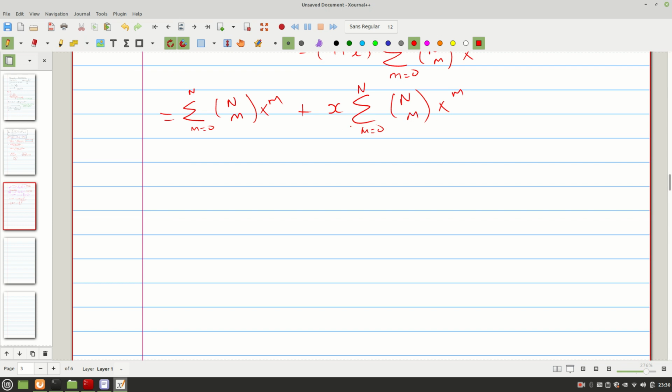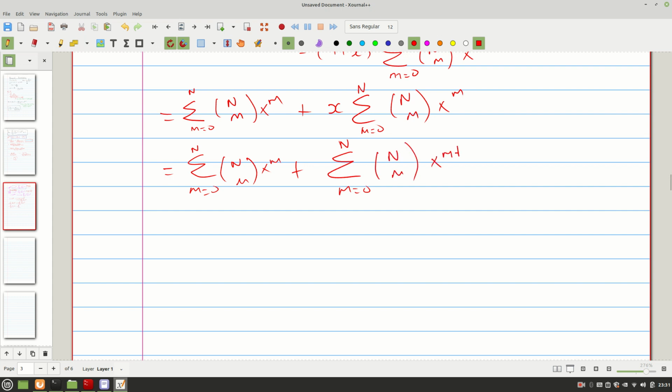So now we need to multiply out this x inside this summation, and we end up with the same thing we have here, plus the summation from m equals 0 until n of n choose m times x to the m plus 1, right? This is what we do. This changes to m plus 1. But now here we perform a little trick. So instead of writing it in this manner, let's see.